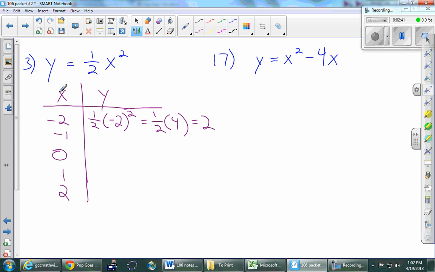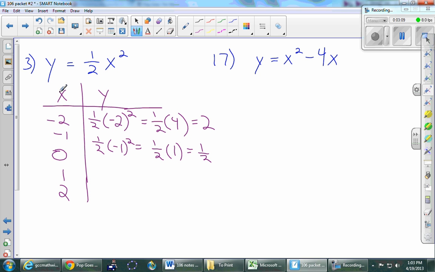And then we'll plug in -1. And so we go 1/2 times -1 squared. So I get 1/2 when I plug in -1.